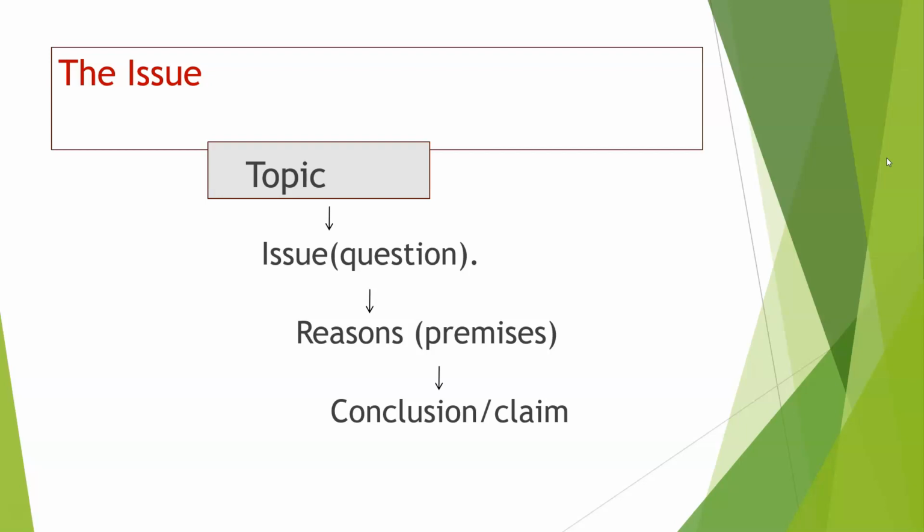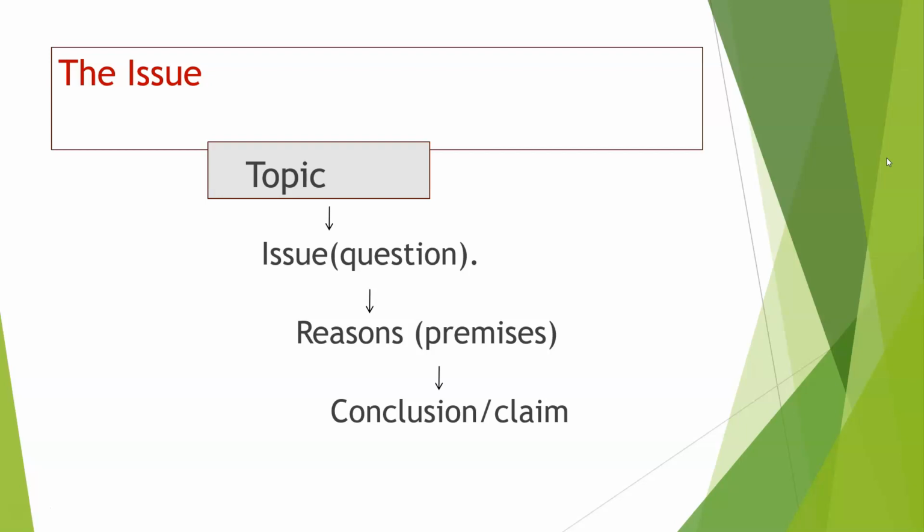You list your reasons, your premises. These are the yes, they should be, and here are all the reasons why, or the no, why they shouldn't be. The conclusion or the claim is what you are using to stand on. You're saying, yes, I agree, or no, I don't agree. And remember, the conclusion is only reached by your reasons.